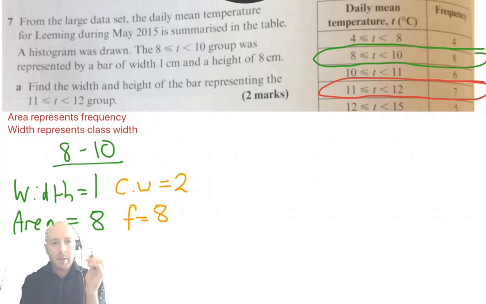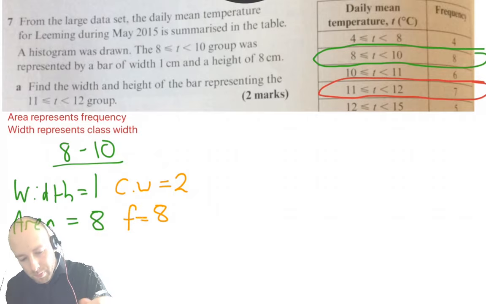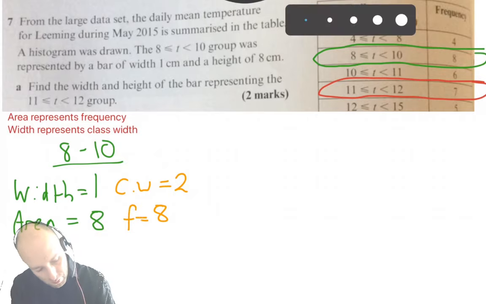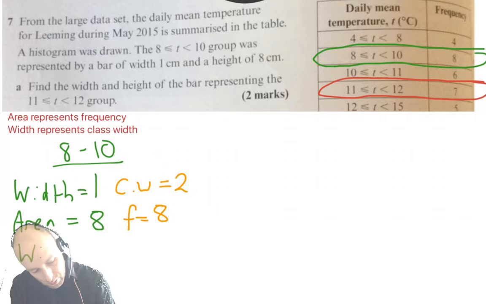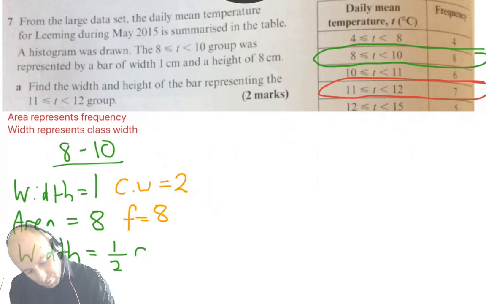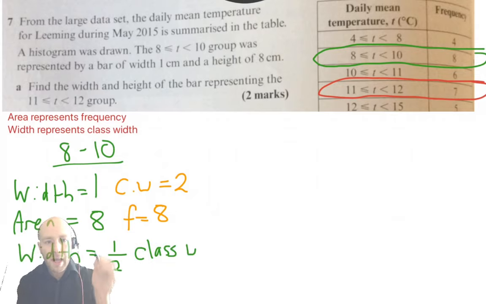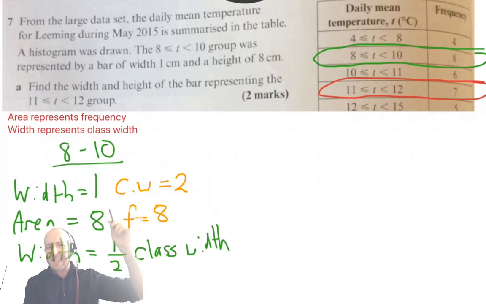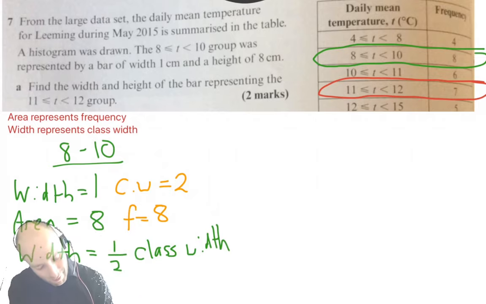Okay, so straight away from this I can see my class width is double my actual width, or I could say my width is half of my class width. So width equals half of class width. And my area is exactly directly equal to my frequency. The thing I said rarely happened has happened in this question, but that's fine. So area equals frequency.